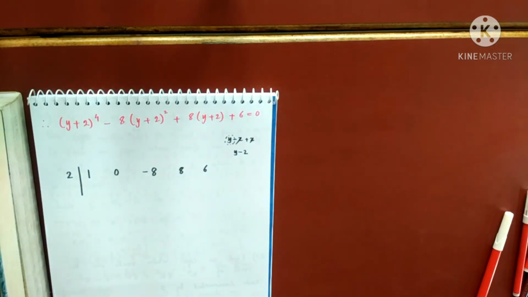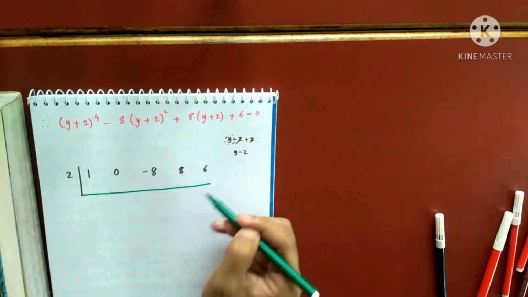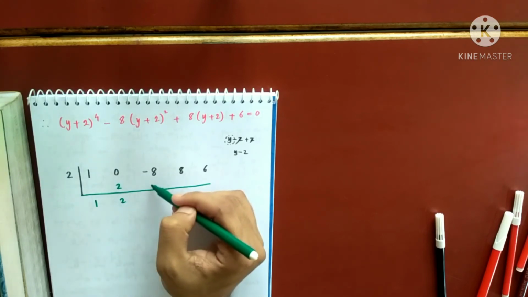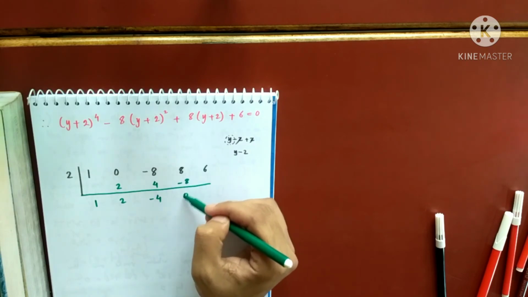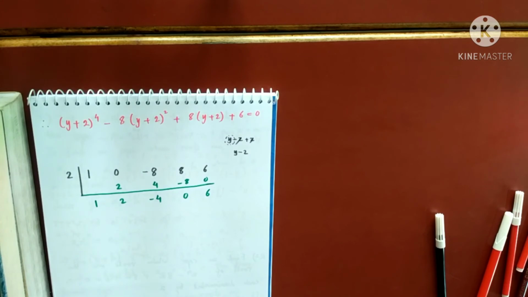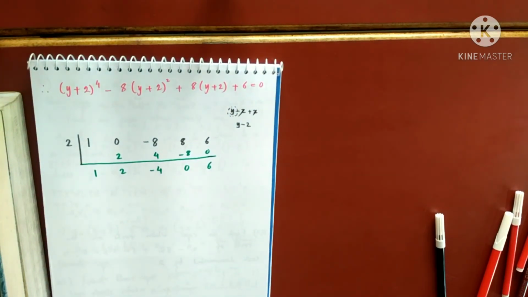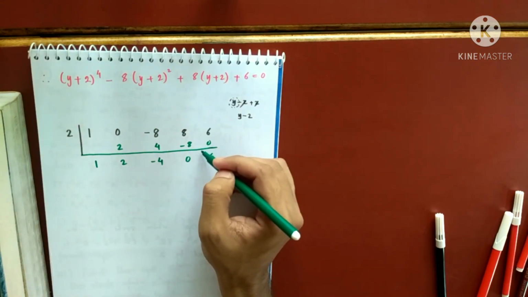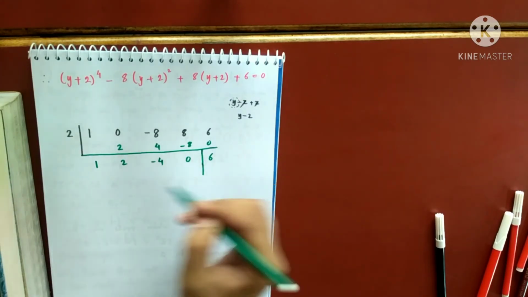So if you remember the rule that we had done, we copy the first thing and then multiply here and write here. We do this, then we repeat the process again and again, leaving the last one.